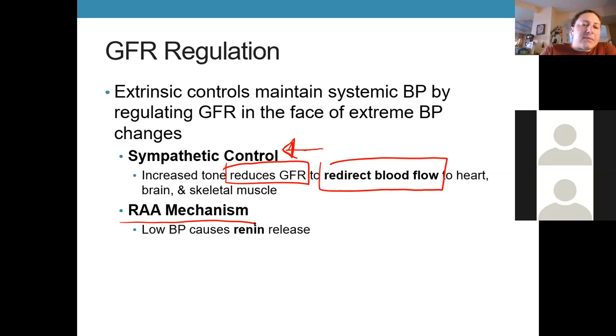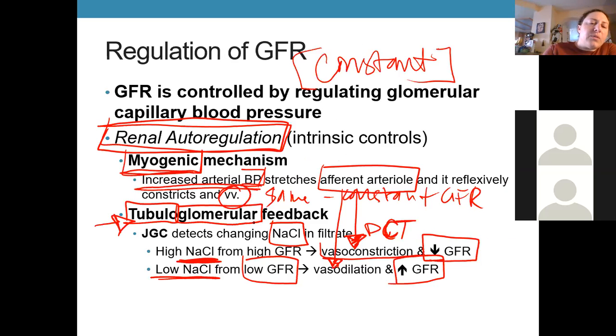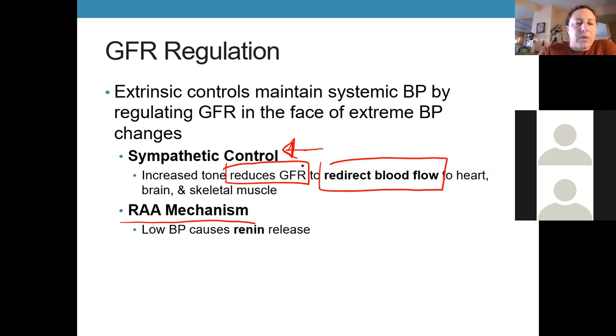The other mechanism that's at play here is the renin-angiotensin-aldosterone system. So when, let me go back a sec. So when we have this tubuloglomerular feedback and we're changing the diameter of our afferent arteriole, we're also potentially releasing renin. So if the blood pressure is low and we have a low amount of sodium detected, then we're going to get renin released from the juxtaglomerular complex, and that renin is going to, oh, I didn't put it in there.